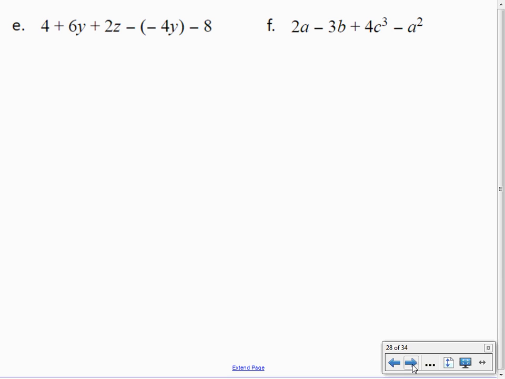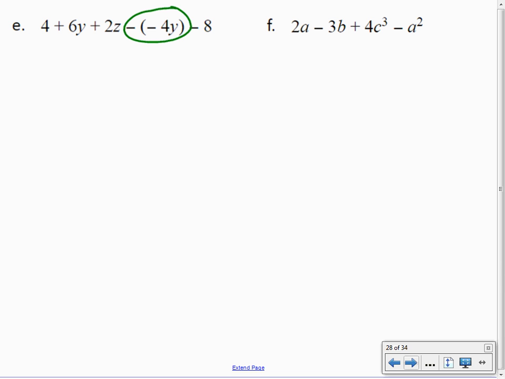Now, example E has something that looks trickier than it really is. Before I go to combine like terms, I want to take care of this right here. You probably remember that if I'm subtracting a negative number, that's the same as adding that number.